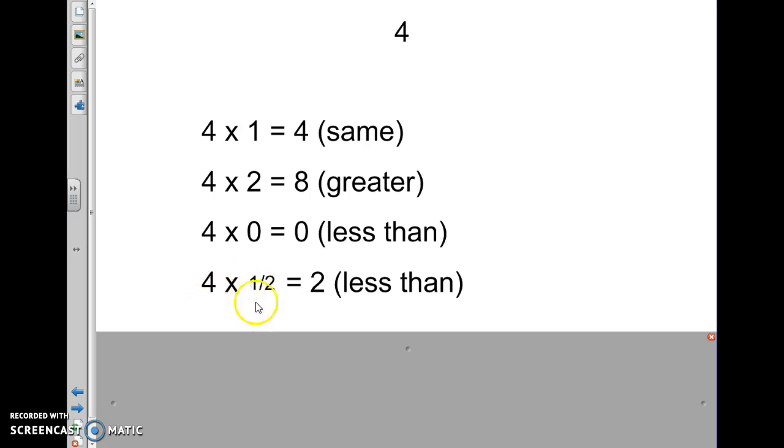So anytime that we multiply a regular fraction by a given number, our product is going to be less than the given number. Anytime that we multiply a given number by a factor that's greater than 1, in this example we have 2, but anything that's greater than 1, if we had 1 and 1/99th, that would be greater than 1, right? So anytime that we multiply a number by a factor greater than 1, it's going to give us a product greater than that original number.